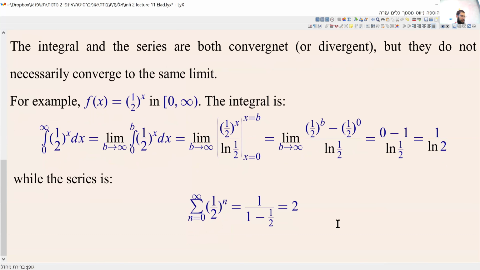Okay, so it's one important thing to notice. They do not converge to the same number. Not necessarily, because if you take, I don't know, a constant function which is always 0, it's the same limits, but generally speaking, it's not the same limit.